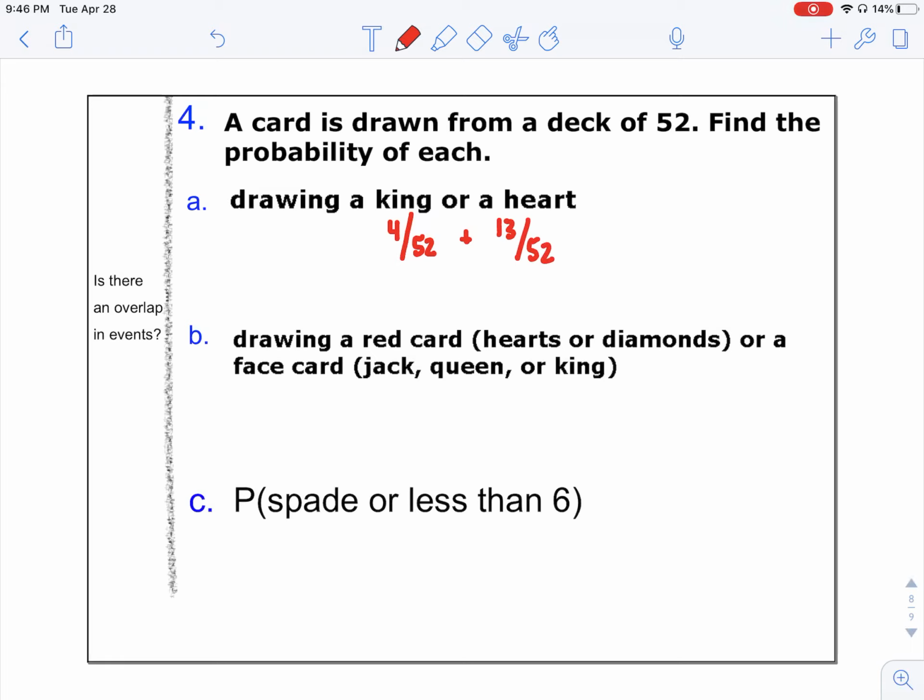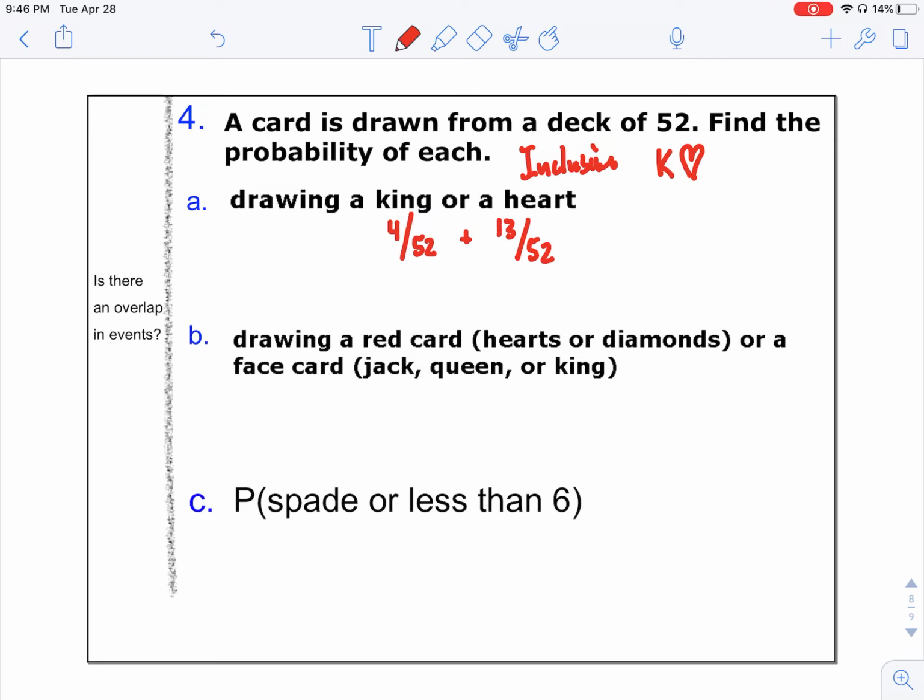Okay, but you got to be careful because being a king and being a heart are not mutually exclusive. They are inclusive. And so therefore, they share one card, the King of Hearts.